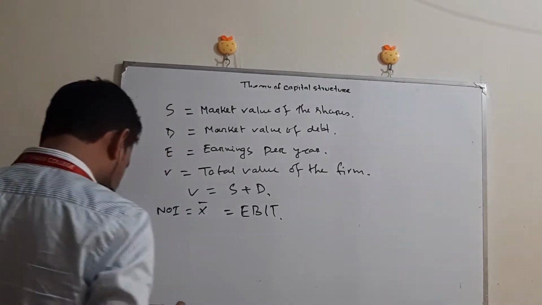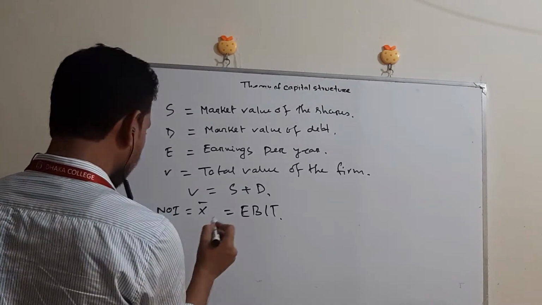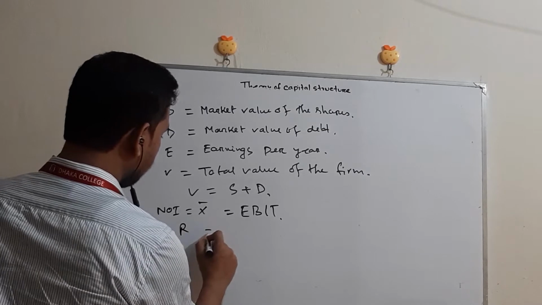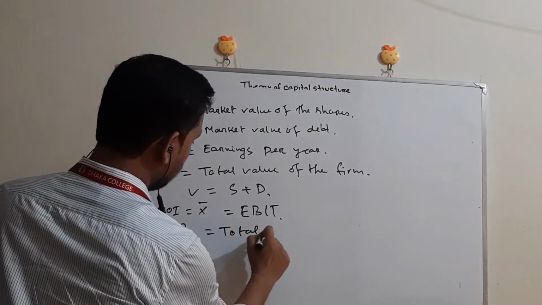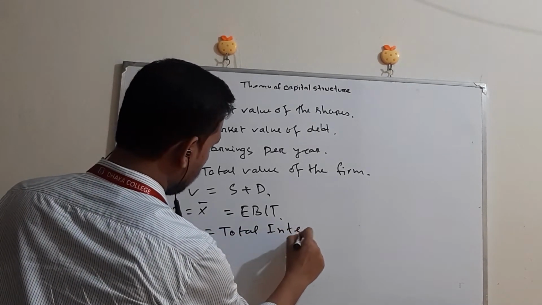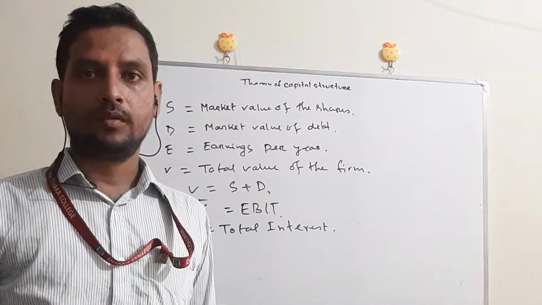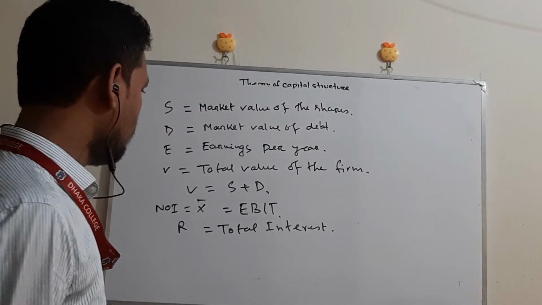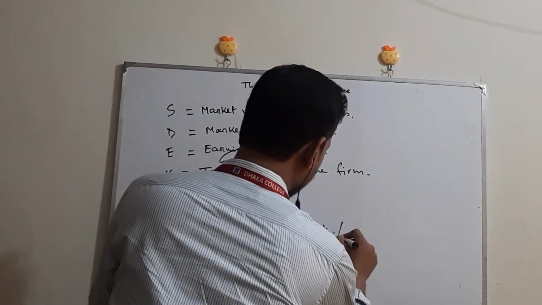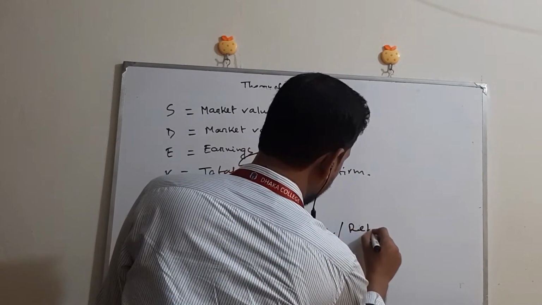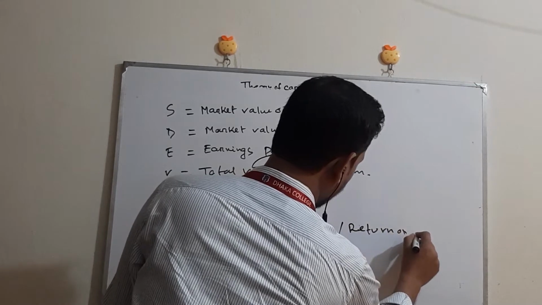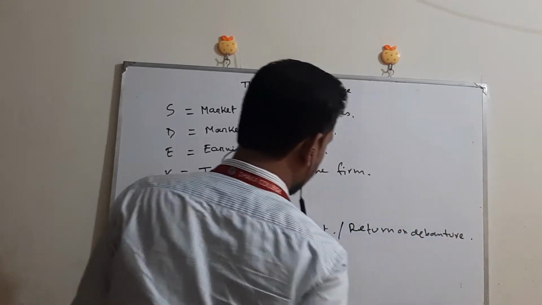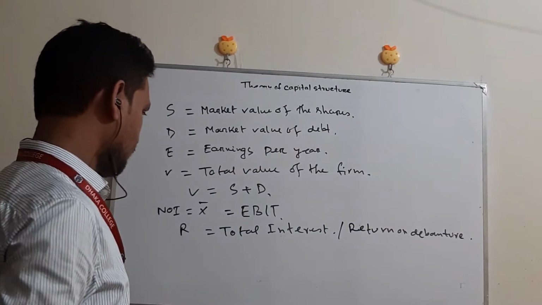Okay. Please, dear students, then we use R. R equals total interest, or it is said return on debenture, or interest charges.